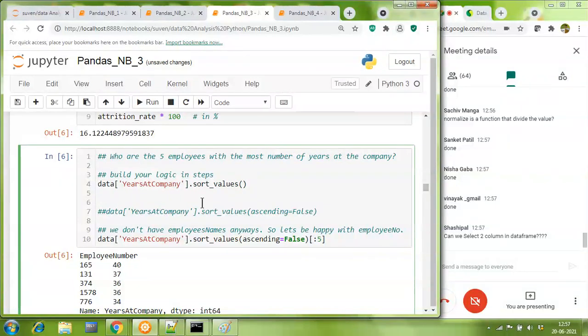So if I look at the first option, I am basically going to my data frame. I can select n number of columns, but I'm selecting only one column because I want to sort over it. So I'm selecting a column years of the company and I'm doing the work of sorting.